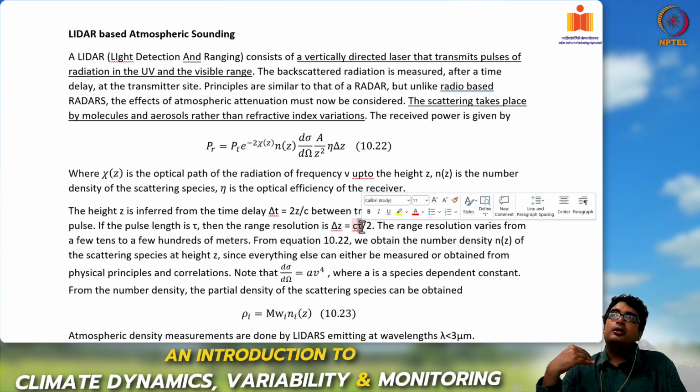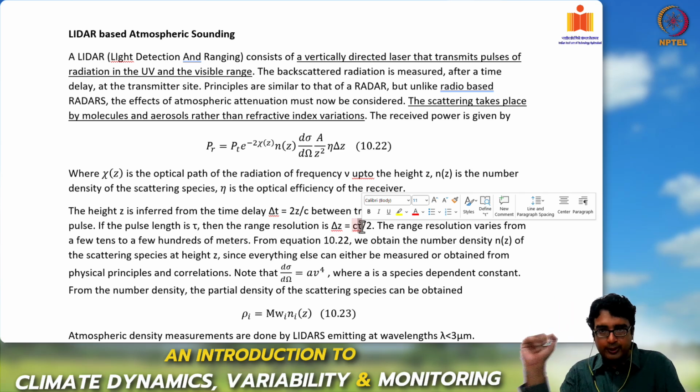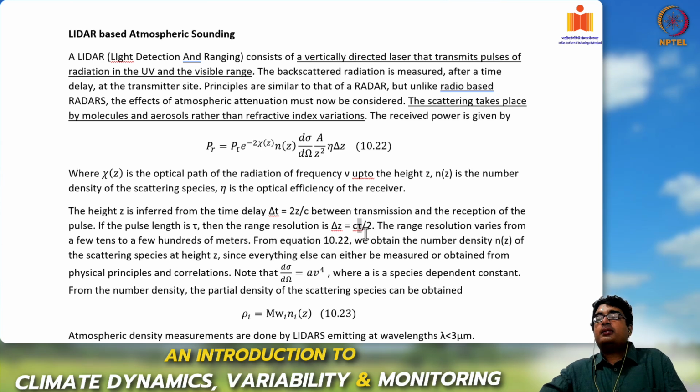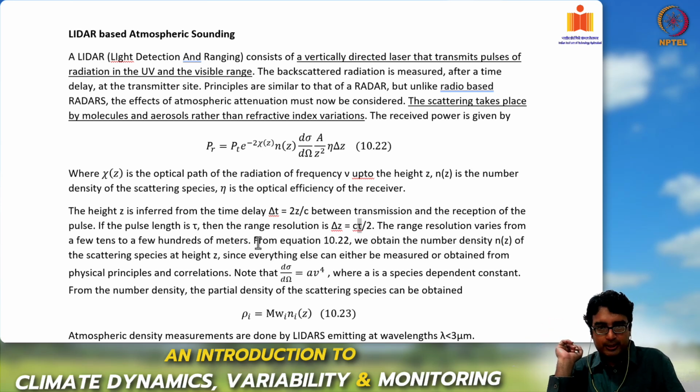Okay. So Lidar can only resolve up to delta z the spatial properties. Okay. Because the tau is quite short, the range resolution usually varies from a few tens to a few hundreds of meters. Okay. So the range resolution delta z is between 10 and 100 meters approximately.